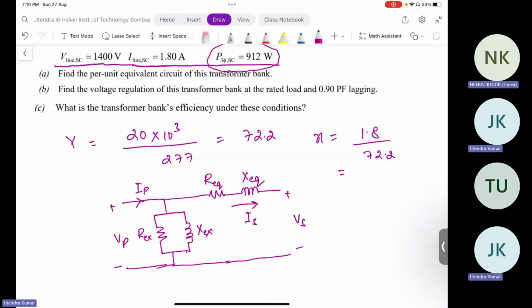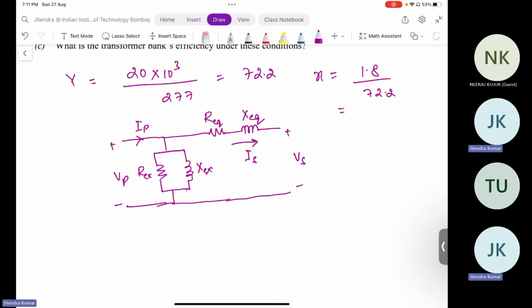For the series parameters, ZSC is equal to V phase SC divided by I phase SC. We have to be careful about where we have to consider the phase value and where the line value.